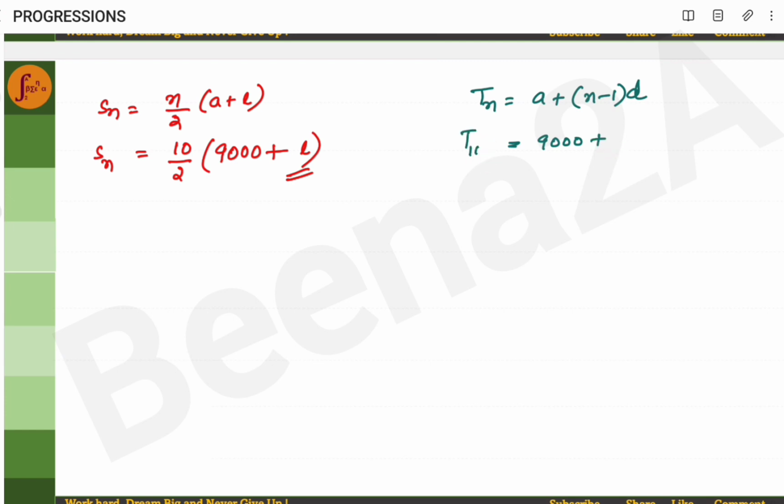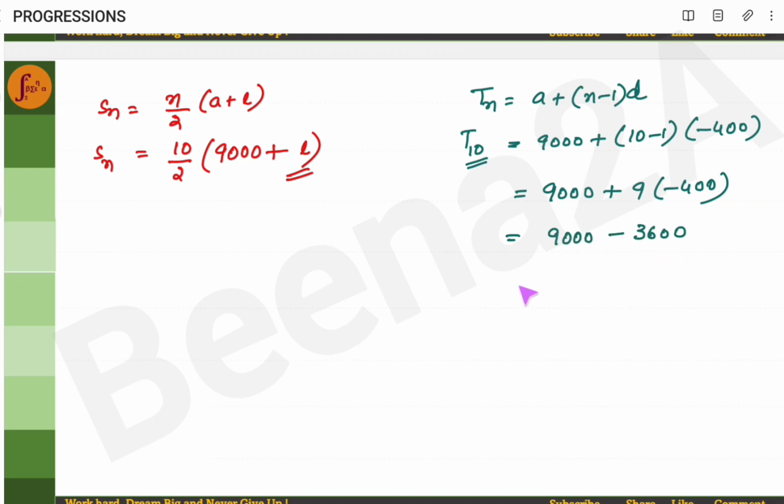We'll have to find T10. This is the last term, last year. Last year is 10th year. T10, N is 10, 10 minus 1 into difference. Difference is minus 400. So it will be 9,000 plus 9 into minus 400, which is 9,000 minus 3,600 rupees, which is 5,400. 5,400 rupees is the last year's payment.